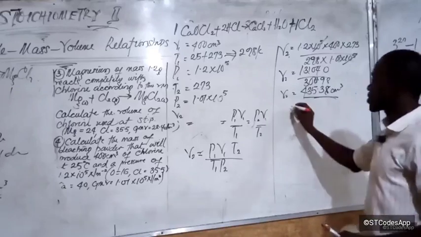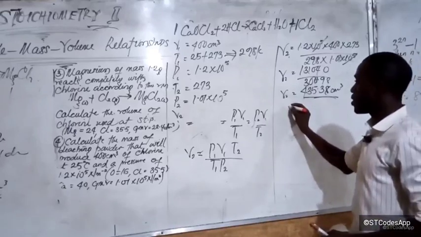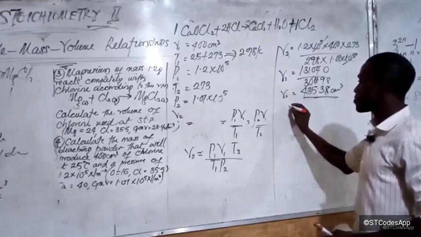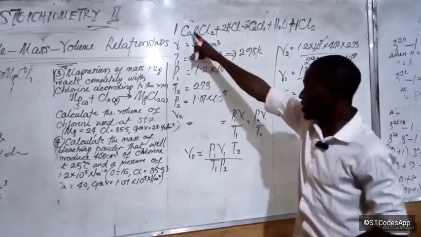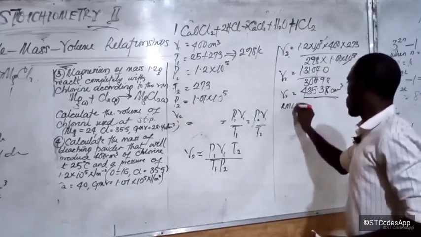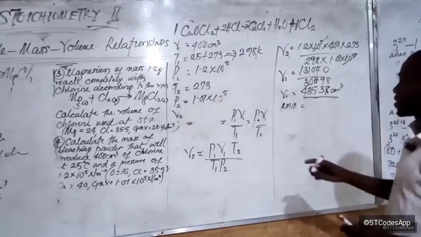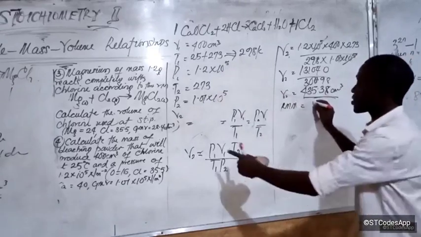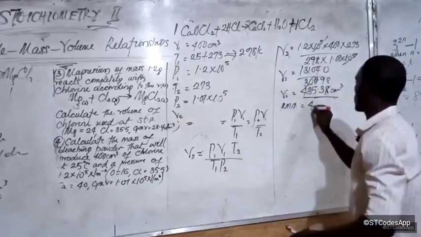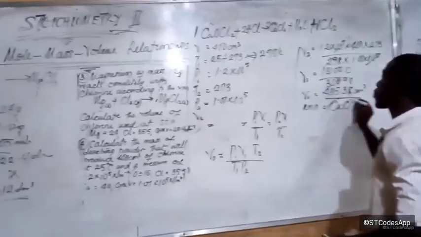Okay, we're supposed to calculate. Let's calculate the RMM first of bleaching powder. What is the RMM of bleaching powder? We have Ca, which is calcium, which is 40. We have RMM of CaOCl2.